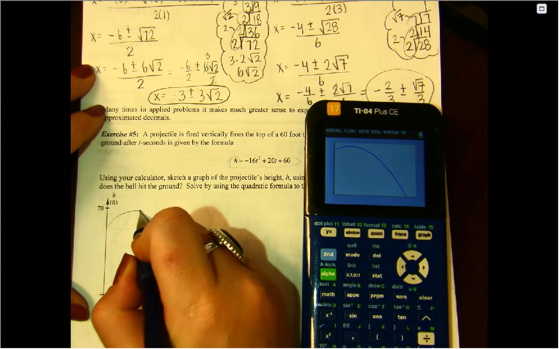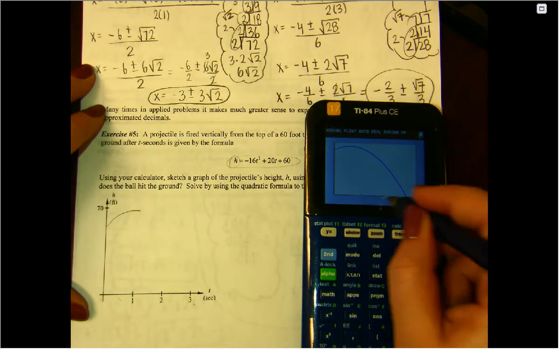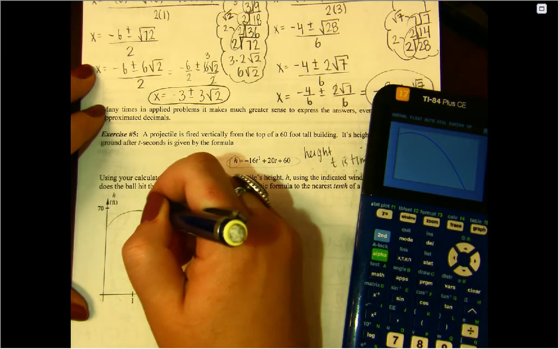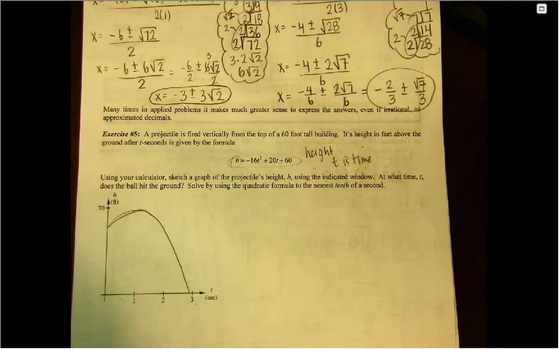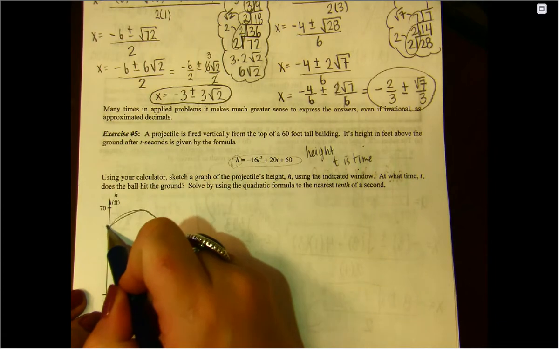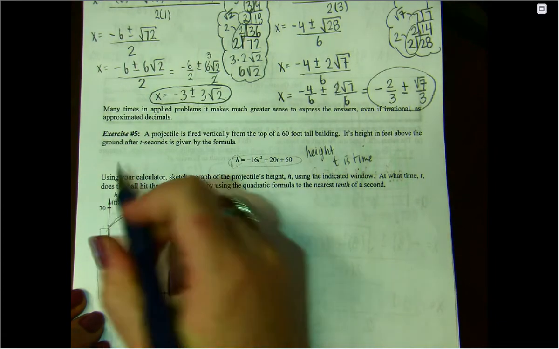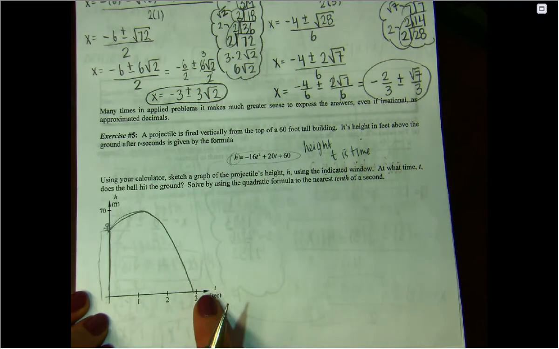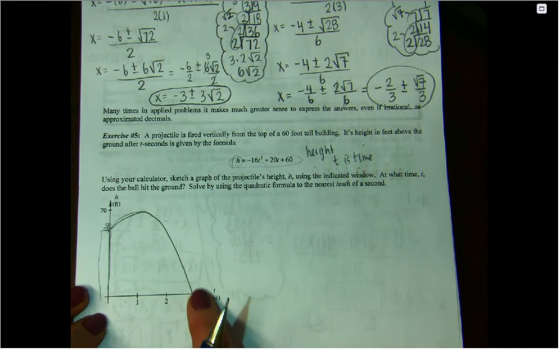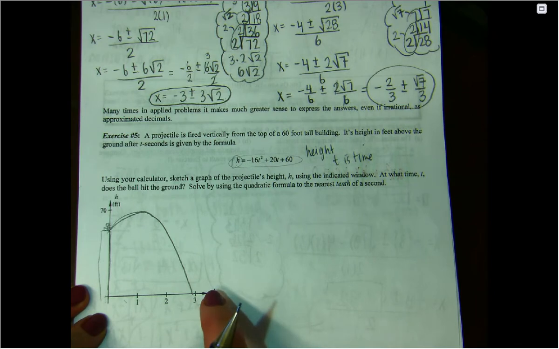It looks something like this. Okay, so this is the ball. Here is the building. There you are. You throw the ball, and the ball goes, and we want to know when it actually hits the ground. So when it hits the ground is when the height is 0 because the ball stops.